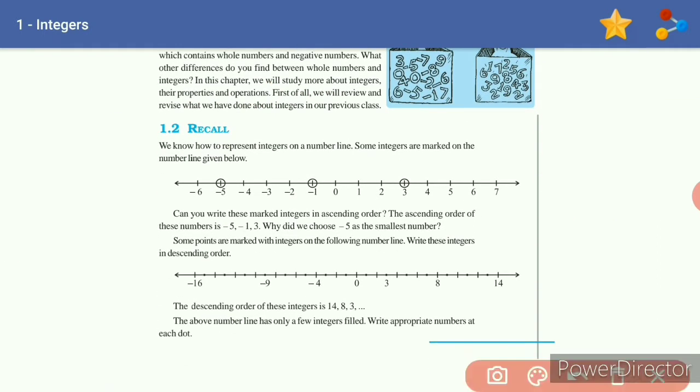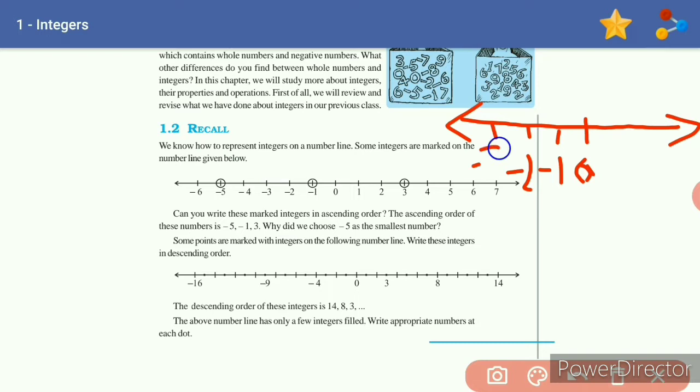Now we know how to represent integers on a number line. We have seen these also in previous classes. If I want to represent -3 on number line, so what will I do? See, 0, -1 here, -2 here, -3 here. Now here on the right side of 0 are positive numbers.